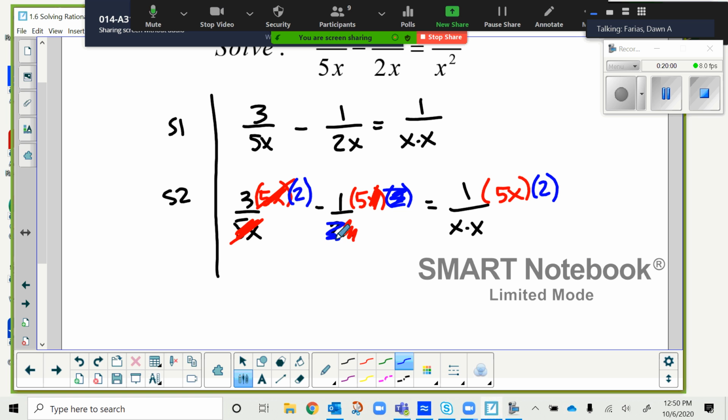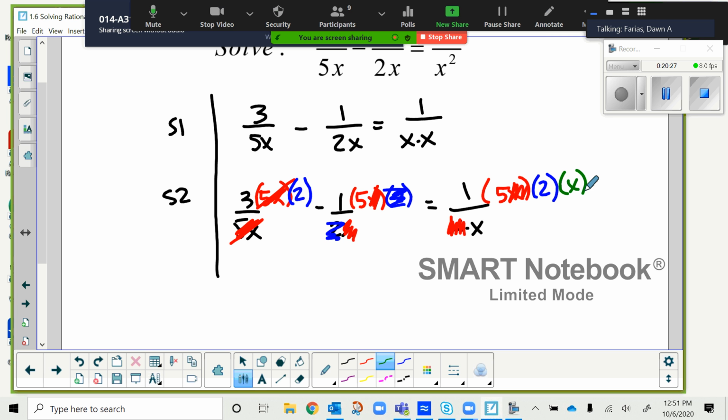And then on the right side of the equation, that one red x on top can cancel out one x on bottom. The 5 and the 2 don't cancel anything out on that side, but I'm left with one x down there. So to cancel just that one x out, I need to multiply by x on top there.